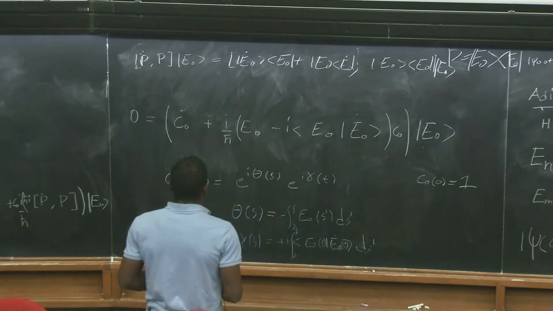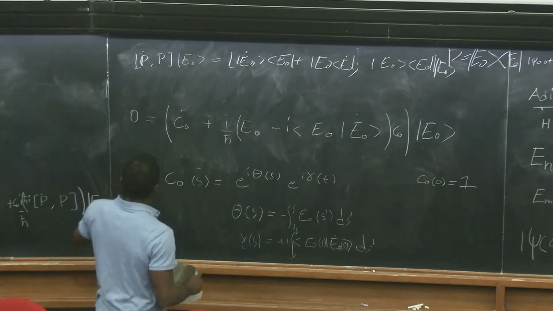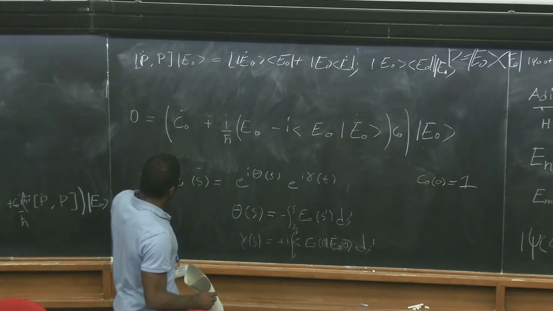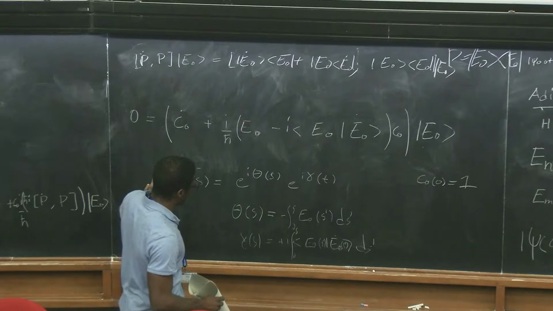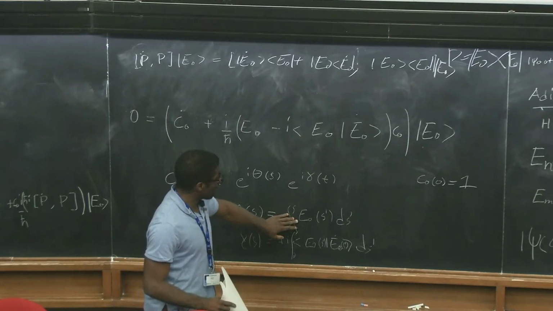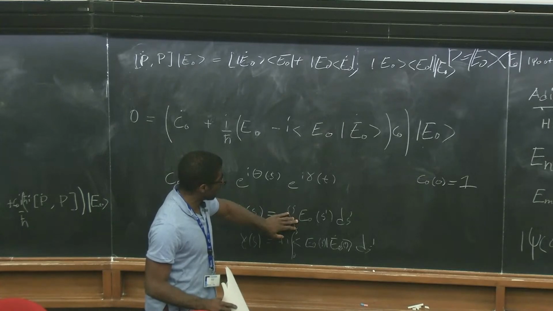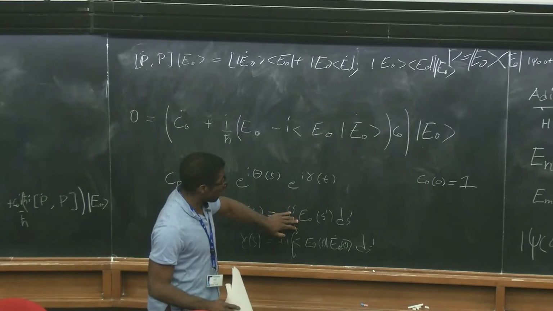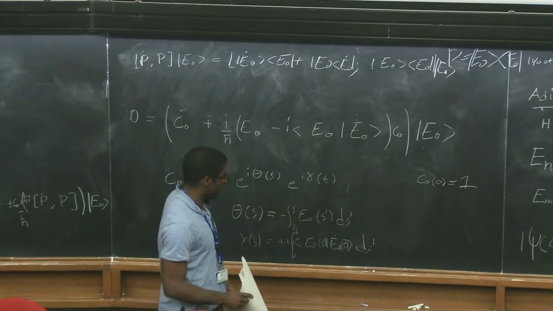So what would happen is that the state would approximately evolve, acquiring these two different phases. One is simply what you would expect in a usual Hamiltonian, where you would acquire a phase proportional to the energy times the time, if the Hamiltonian is time independent. In this case, E depends on the time, so you have to integrate this.